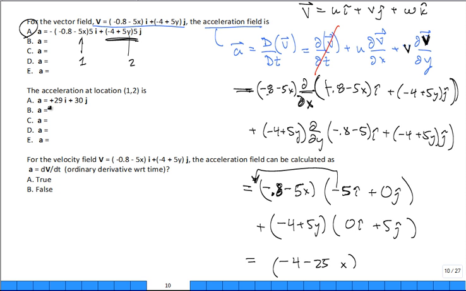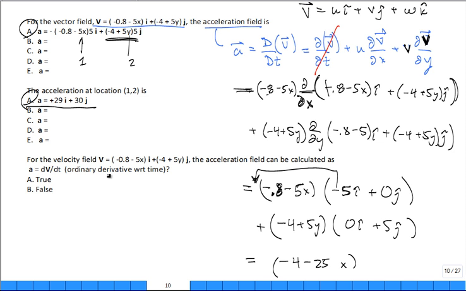And what do you get for the acceleration? 29i plus 30j. This math route looks pretty abstract and obscure, but is that the same result as what we got by the 1/100th of a second consideration? Is it the same answer? Can you see what we just did? Hopefully you can.